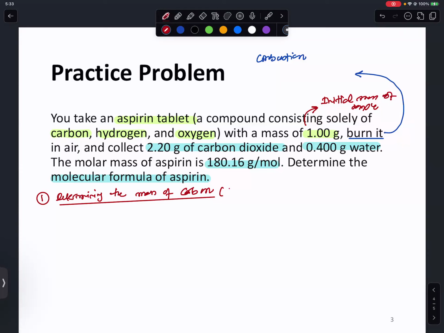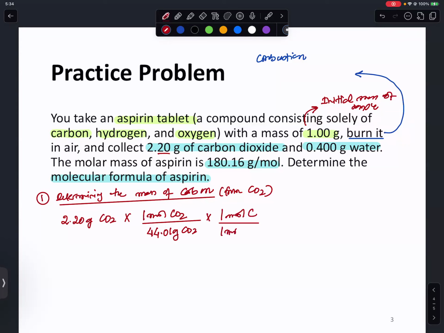So from CO2, I will start with the mass given to me in the question: 2.20 grams of carbon dioxide, and then I will switch to the molar mass. I'll divide by the molar mass of CO2, because eventually I want to switch to the moles of carbon and then to the mass of carbon. Divided by 44.01 grams of CO2, and then there is 1 mole of carbon for every mole of CO2.